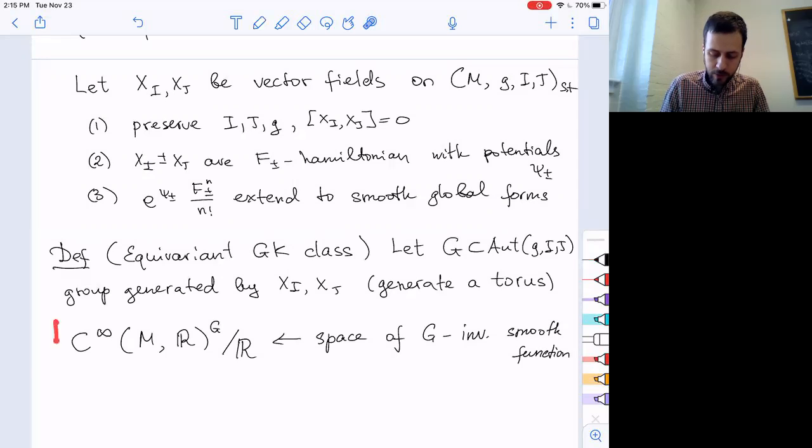modulo constants. Now, as before, I can use this to infinitesimally modify my generalized scalar structure as in the flow construction.